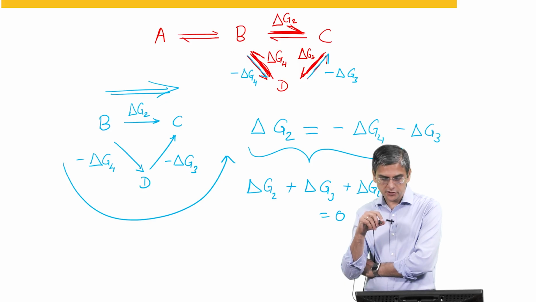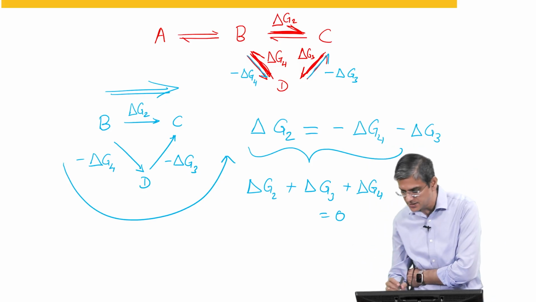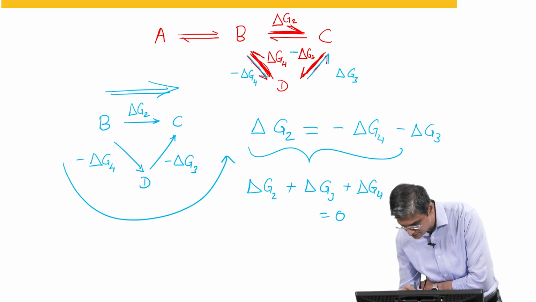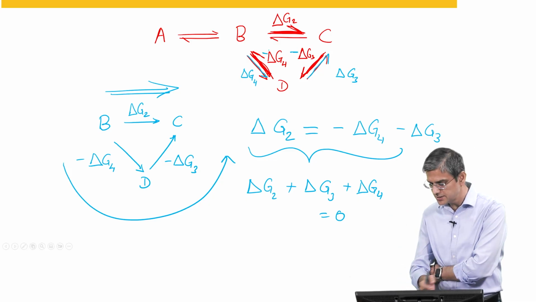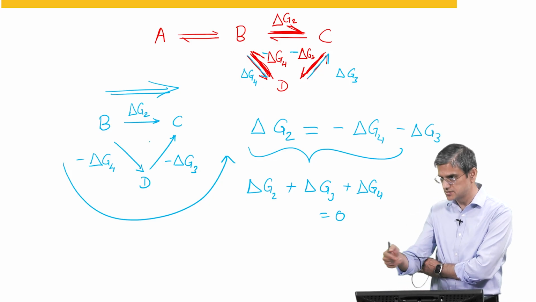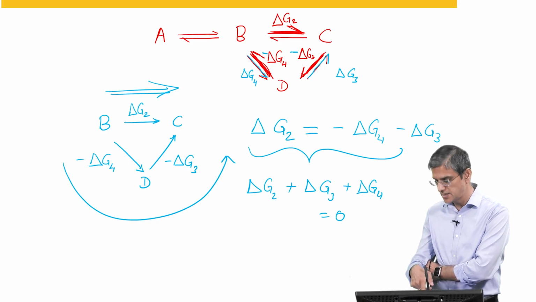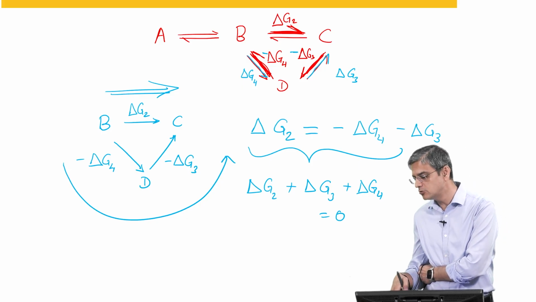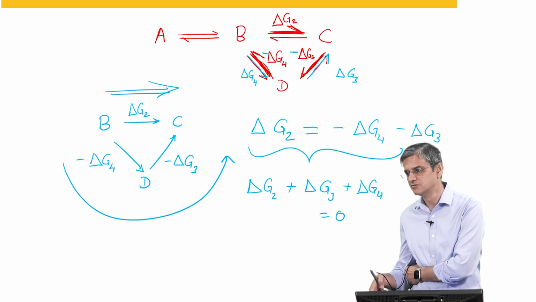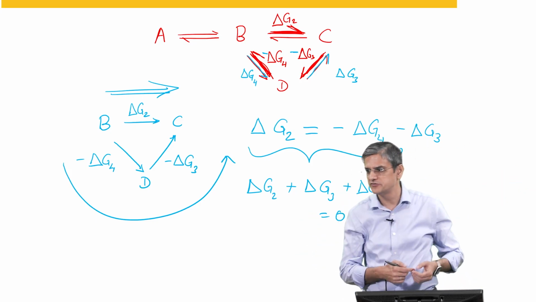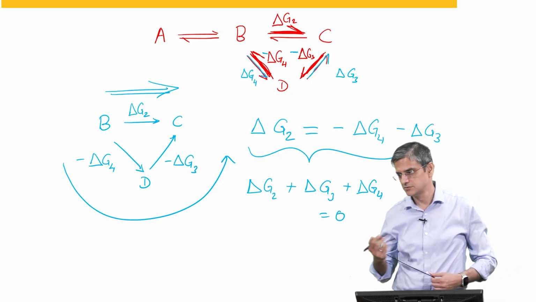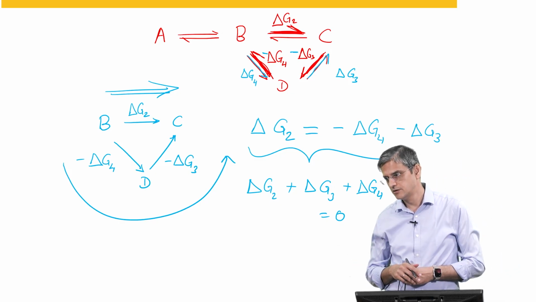Yeah, I think what you are saying is, if my delta G was defined like this, then what? Fine. In that case, if the delta G was defined the way I am showing right now, your delta G2 will be equal to delta G4 plus delta G3. This new definition's values will be the negative of the old definition's values, right?